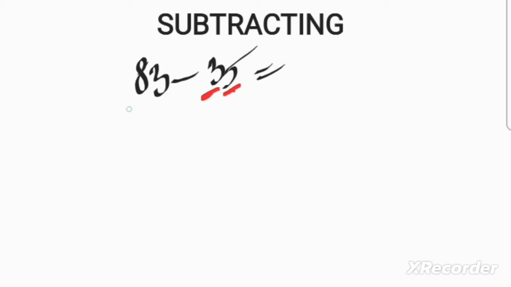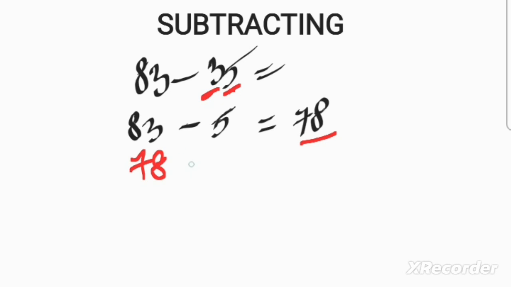First of all, we will do 83 minus 5 in the first step, which is 78. This is easier to do mentally. Now, furthermore, we take 78 minus 30, the tens digits, which equals 48. Now we have our result, 48.